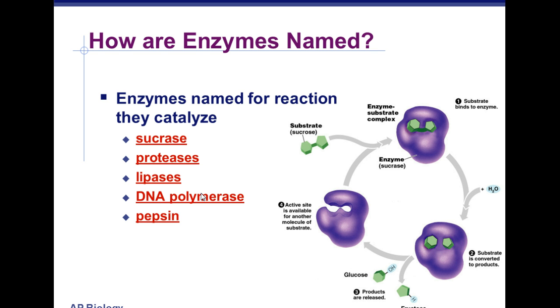Those are all examples you should have in your notes with an accompanying explanation. Lastly, we see pepsin. Here's pepsin, no ASE ending here. Pepsin breaks down the peptide bonds in proteins. You'll need to know examples for the AP exam, so pick a few of these and get them in your notes if you need to.